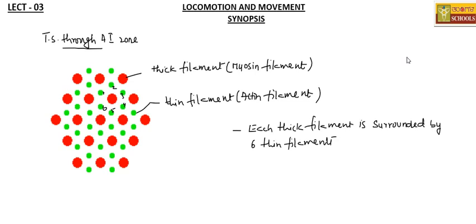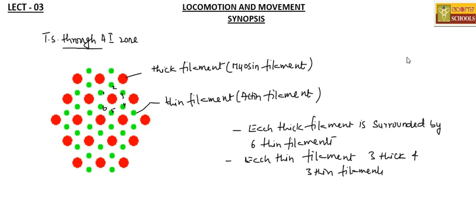Each thick filament is surrounded by 6 thin filaments, whereas each thin filament will have 3 thick and 3 thin filaments as neighbors. Okay, so this is what we see when we take the transverse section through the AI zone.